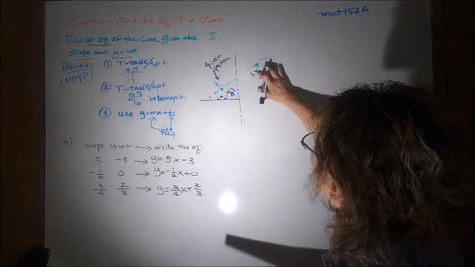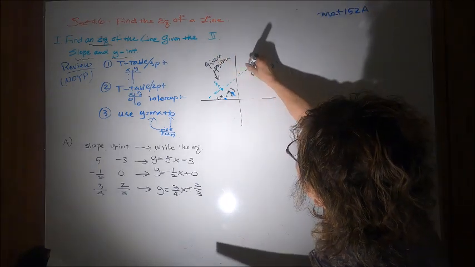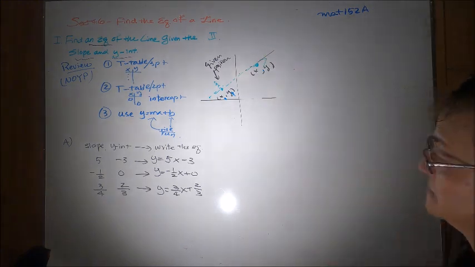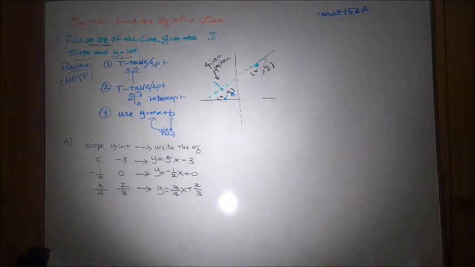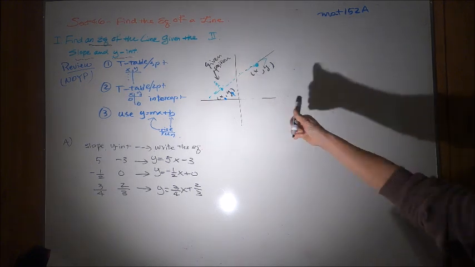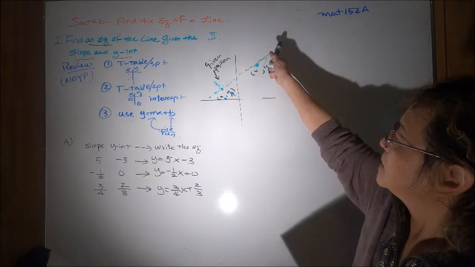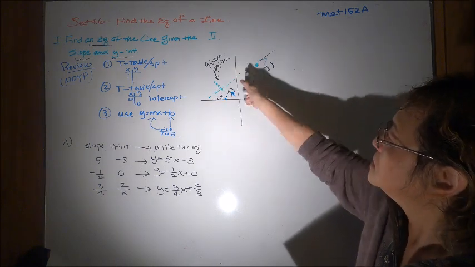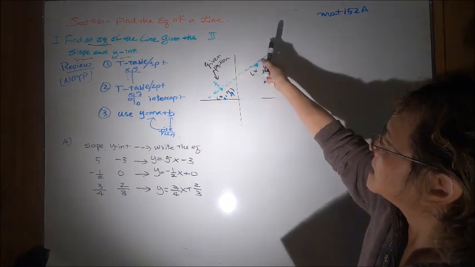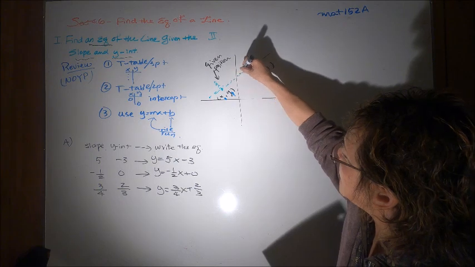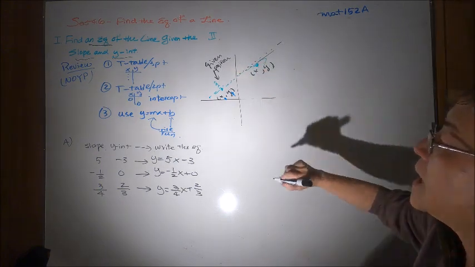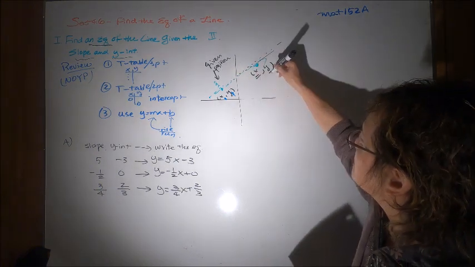So any point on the line, we just say X and Y's, right? If you want to program your machine to write this line, that means you want to write any point along the line, which would be what?